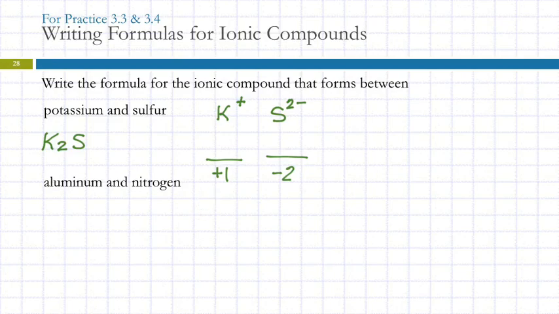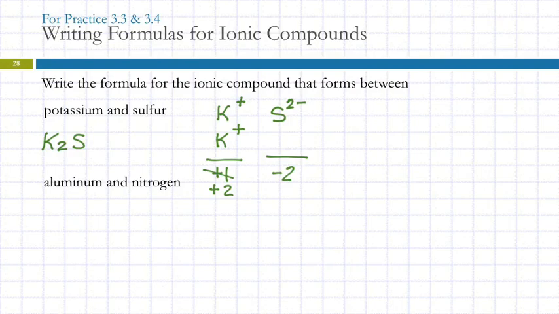So I don't have enough positive charge, so if I draw another potassium ion, now the total positive charge is +2. See that? And so I got +2 and -2. I've got the right ratio. Then I just count up how many of these do I have? K2. I got 1 of these, S. I don't write the 1 because chemists are lazy. Any questions?